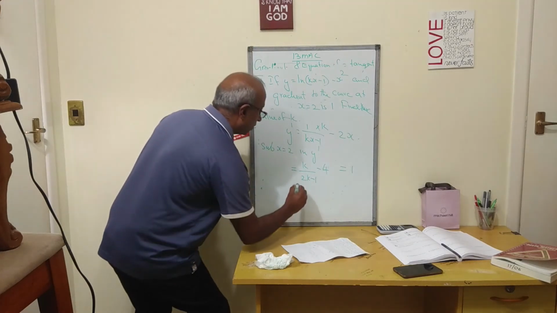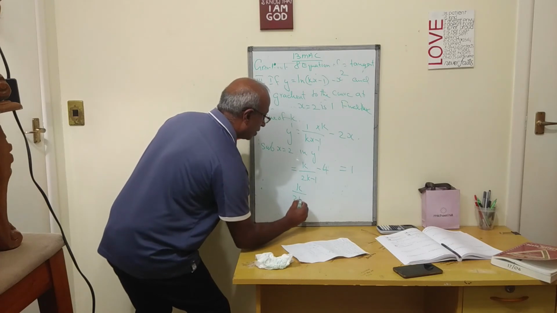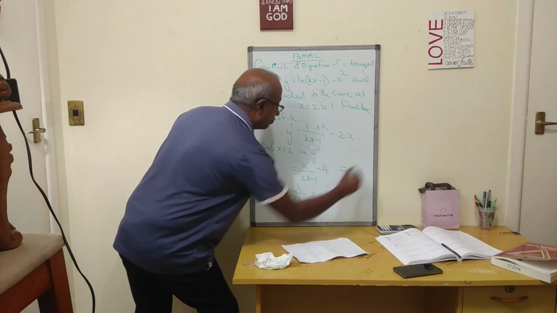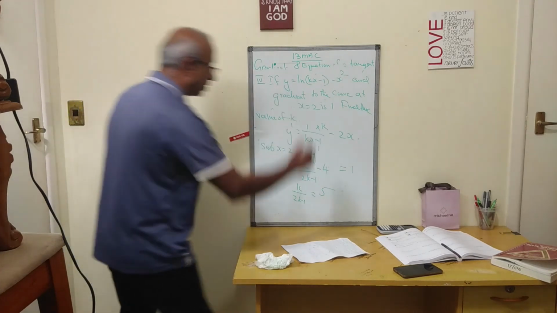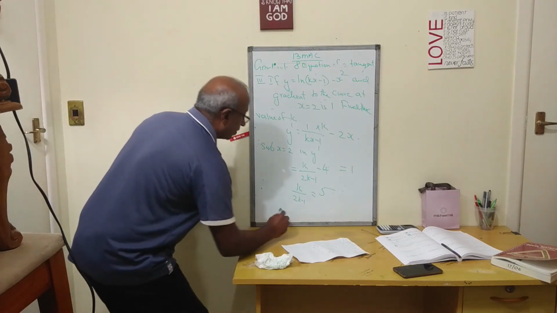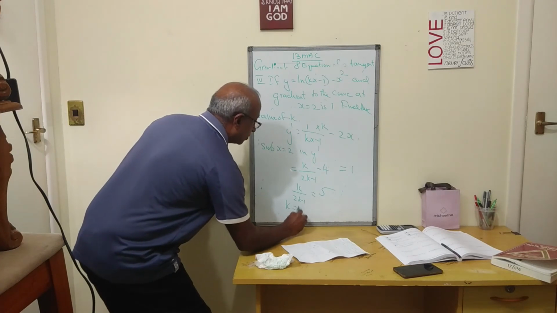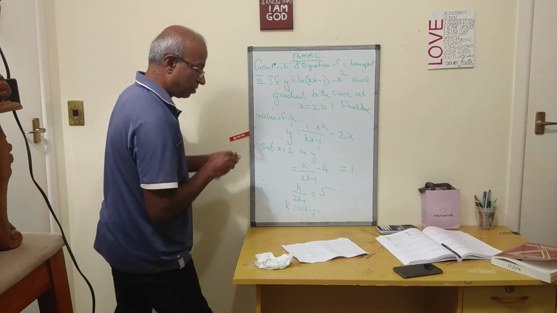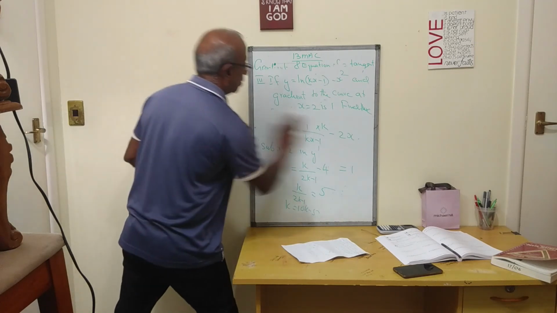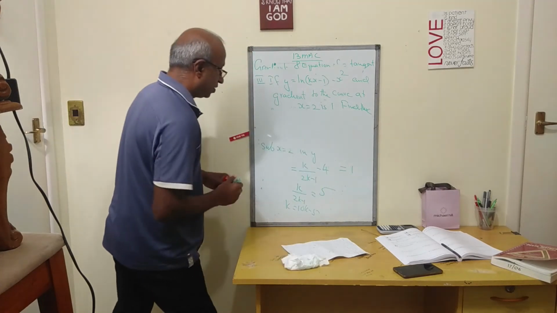So rearrange the equation. K over 2k minus 1, I take 4 to the other side. I get the value equal to 5. Cross multiply. When you cross multiply, k is equals to 10k minus 5. Just going to raise this one. 10k minus 5.